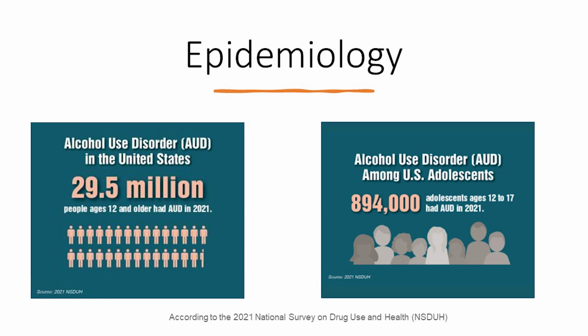And so first, we want to look at the statistics on alcohol use disorder. Right now, about 29.5 million people in the US, aged 12 and up, are diagnosed with alcohol use disorder. If you look at the adolescent age group as well, about 894,000 have the diagnosis of AUD.